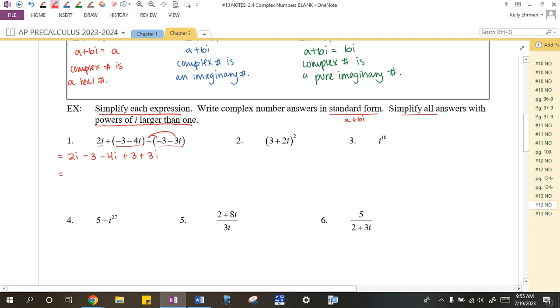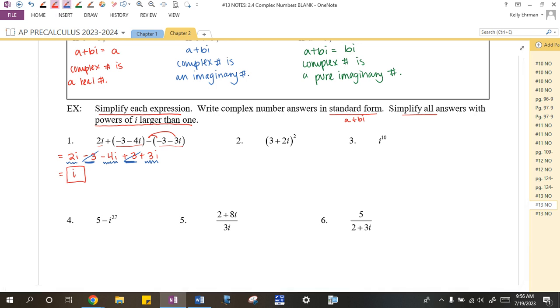We're trying to write answers in standard form, so let's look at the real parts first. -3 plus 3 cancels out, so I'm not going to write 0. I'm just going to simplify the i's. So 2i minus 4i is negative 2i, plus 3i is 1i. So this whole thing simplifies down to i. And again, we want to leave our answers in terms of i, so I wouldn't say it equals the square root of negative 1.